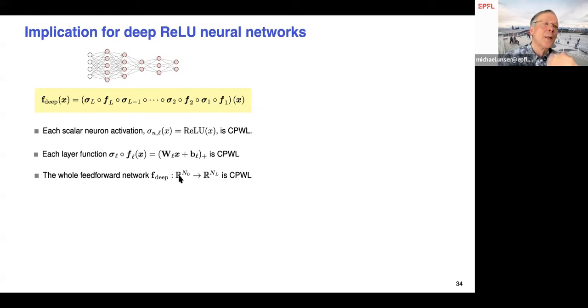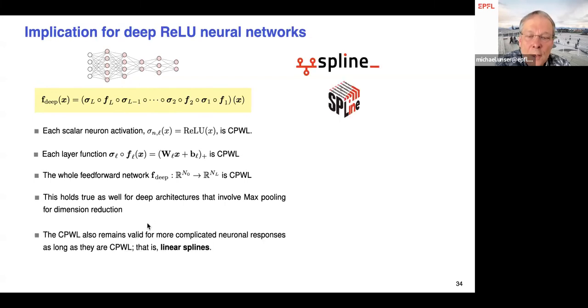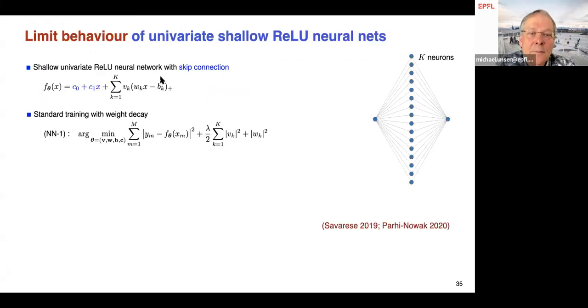And also by composition, the whole thing is continuous piecewise linear. And the same thing still holds true if you use max pooling, and also if you use more complicated activation functions, provided they are continuous piecewise linear. And so I like to say that a deep neural network with ReLU is actually a high dimensional spline, okay? And it is a true statement.